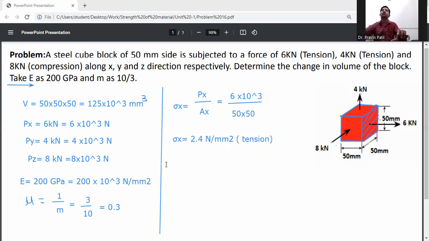Next, stress in y direction. The force in y direction is 4 kilonewton.